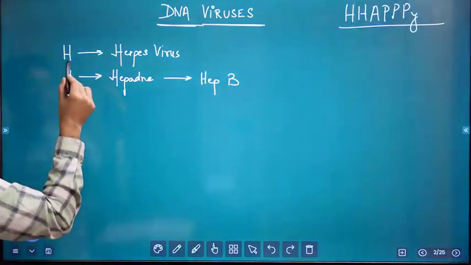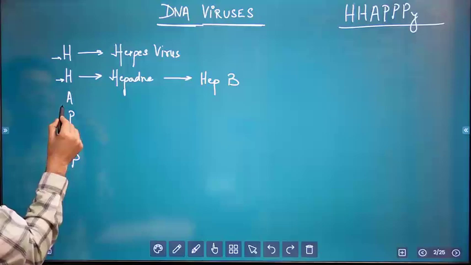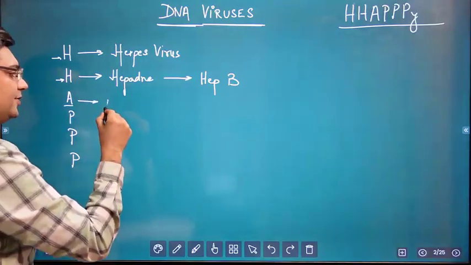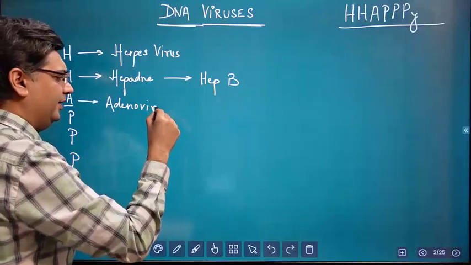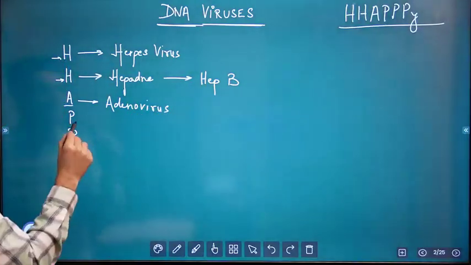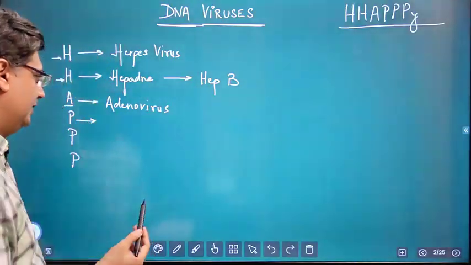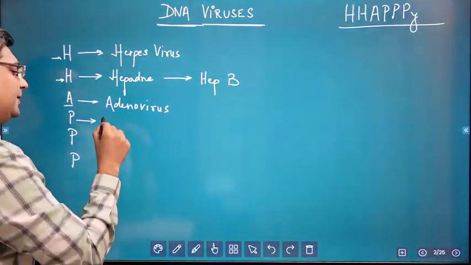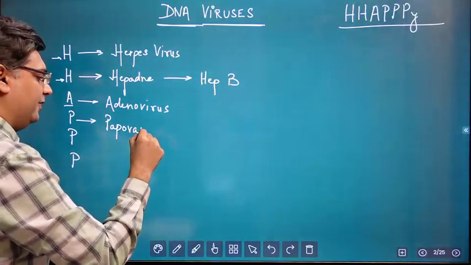So we have H herpes, H hepadna, and A is for the adenovirus family. In the adenovirus family there are not many important diseases, so we are not going to talk much about it. The next we have the P, the papovavirus family.